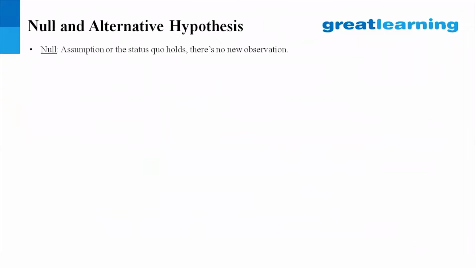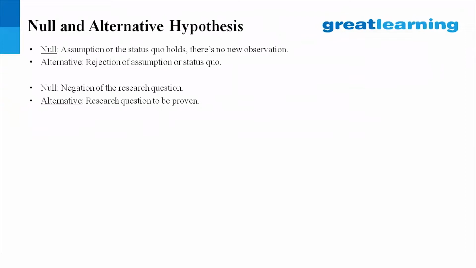The null hypothesis would be an assumption or a status quo, which you are testing. So when you reject the null hypothesis, it will be the alternative hypothesis.